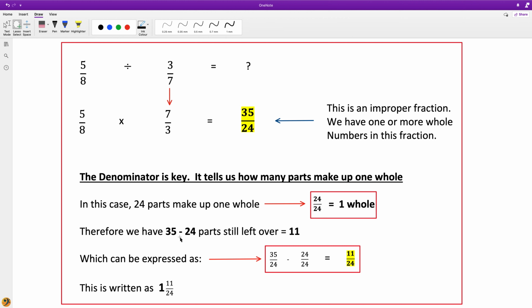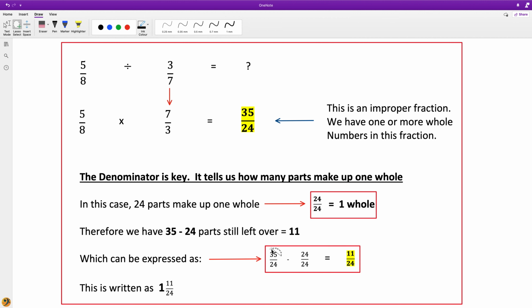So then if we just subtract 24 away from the 35 parts which we start with, because that makes up our whole number portion, then we see we have 11 parts remaining left over. To write that down mathematically a bit more correctly would be just shown here.